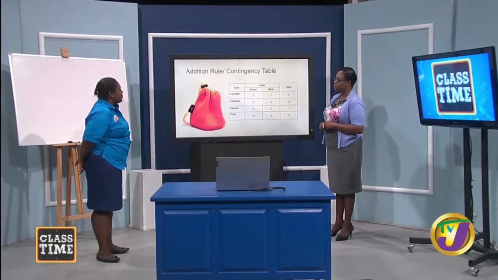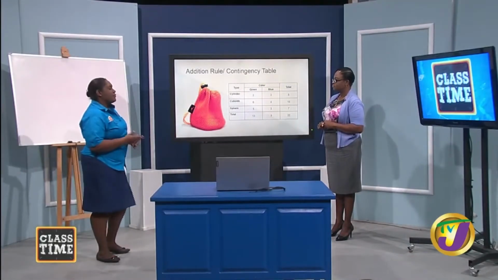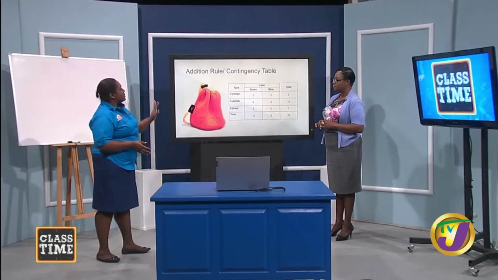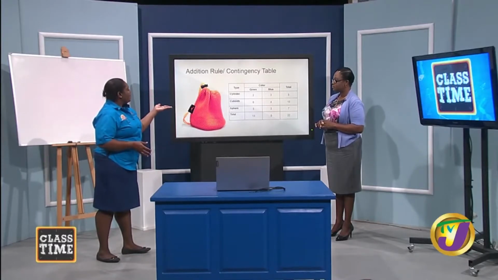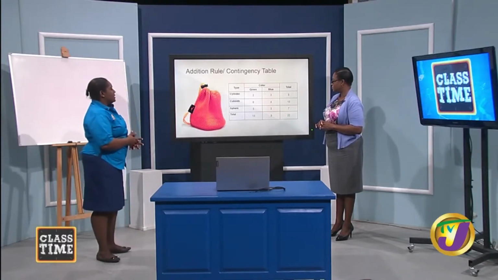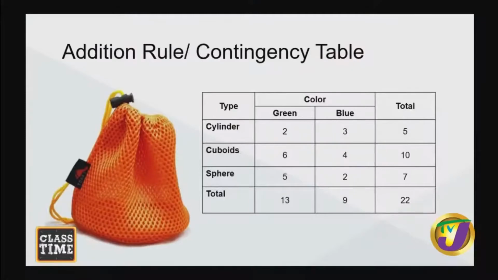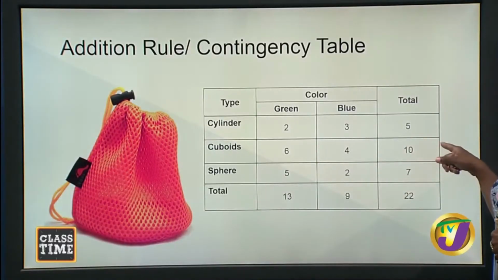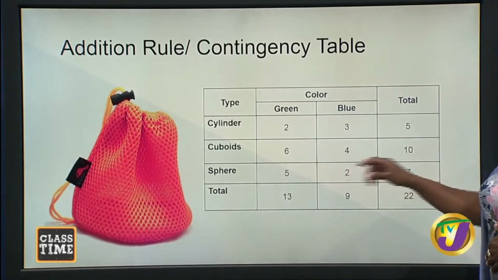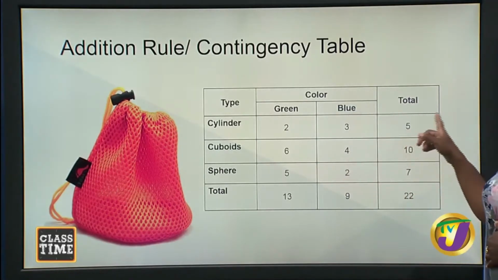But Denise, before you go any further, I think it would be appropriate if you just spend some time to analyze the information that's in the table. Okay. From the conversation we had, mutually exclusive events. We had cylinders and we had cubes, 10 cuboids. We had spheres, 7 spheres, and the cylinders, there were 5.